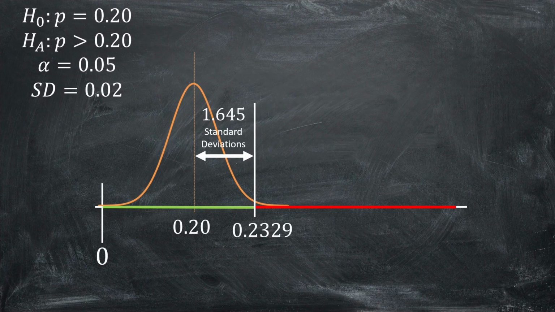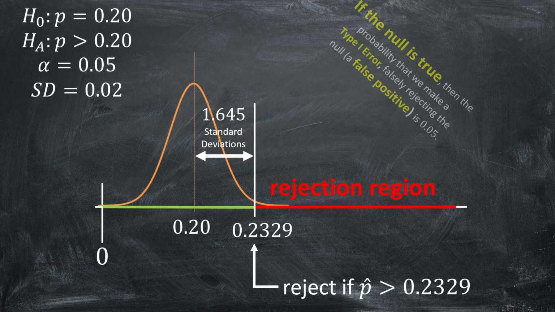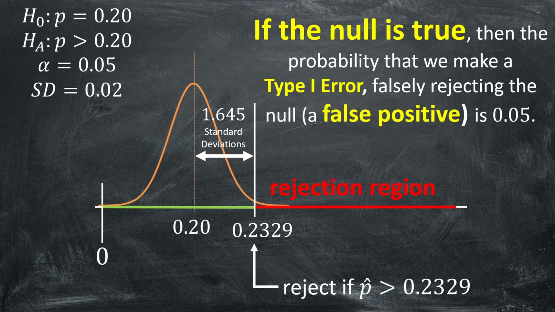Now here's the question. What if the true value isn't 0.20, but it's something else? So if it is 0.20, the only error we can make is a false positive. If the null is true, then the probability that we make a type 1 error, falsely rejecting the null, is 5%.